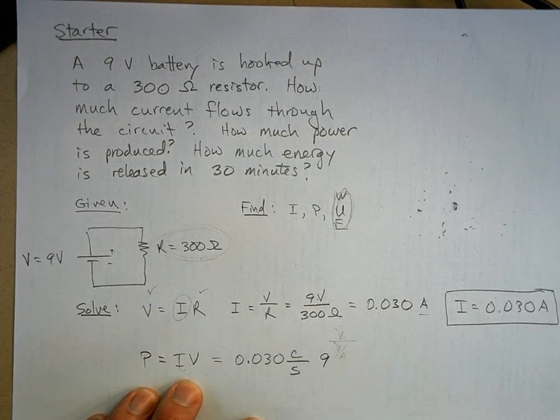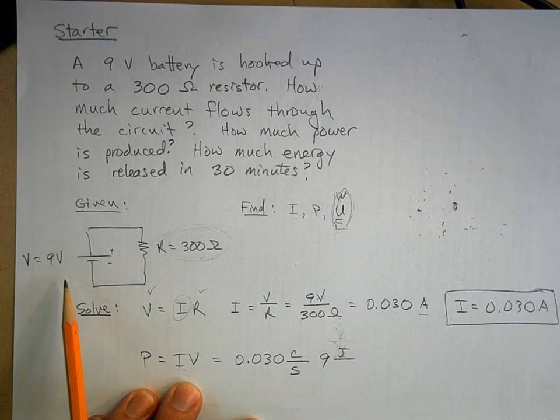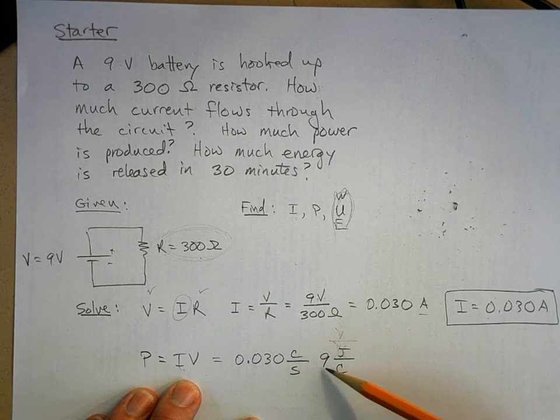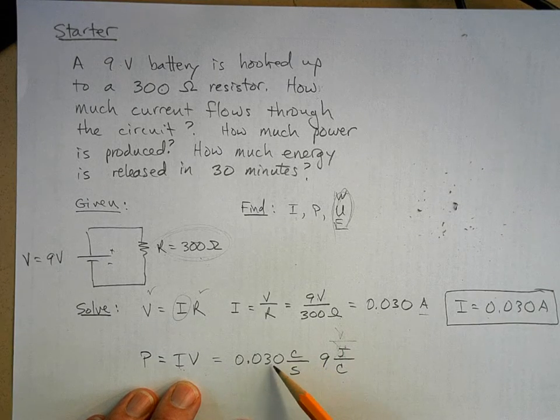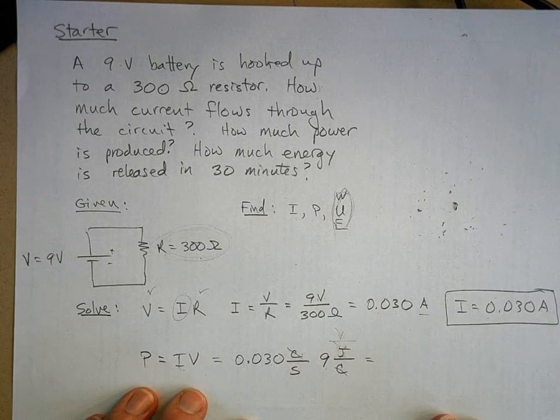But what's a volt? If you break down a volt, it's how many joules of energy is released by the battery or used up by the resistor for every coulomb of charge that flows through it. So if I release 9 joules of energy per coulomb of charge, and I got 0.03 coulombs of charge moving by every second, that will tell me the rate at which energy is being released.